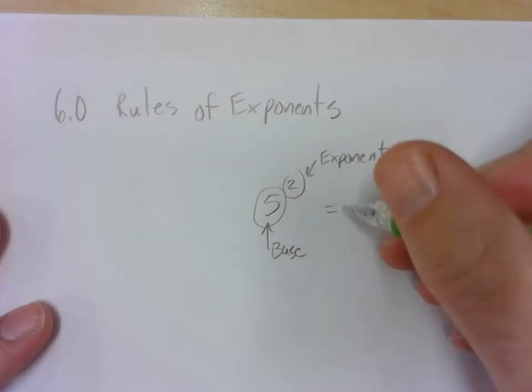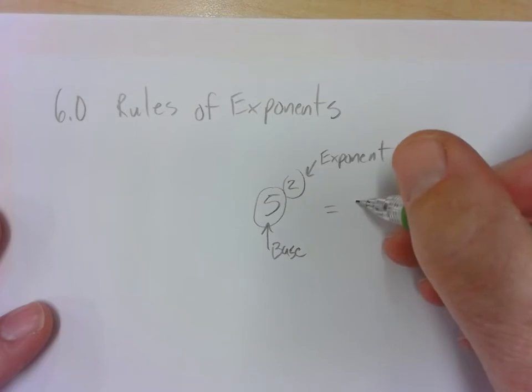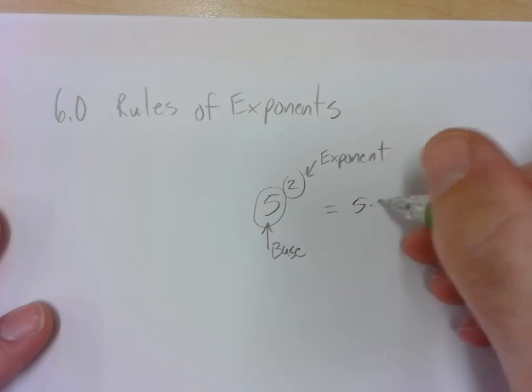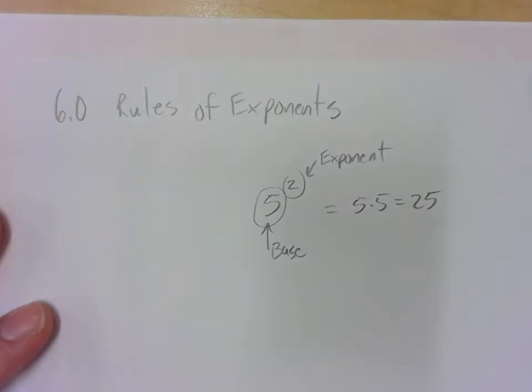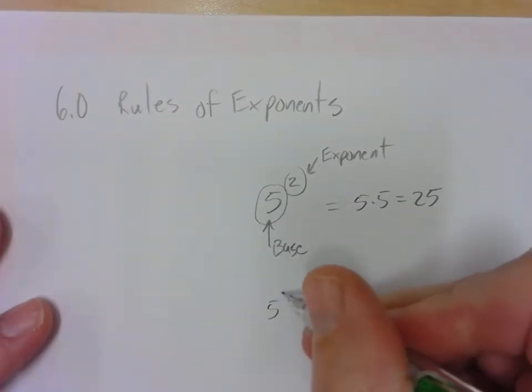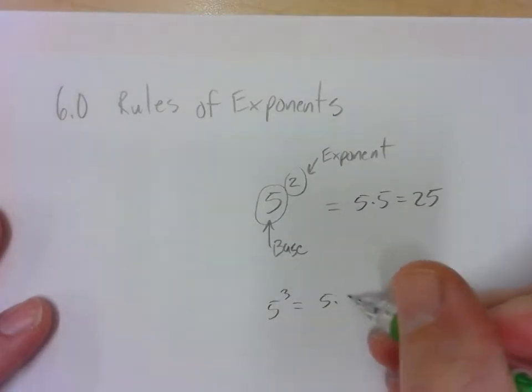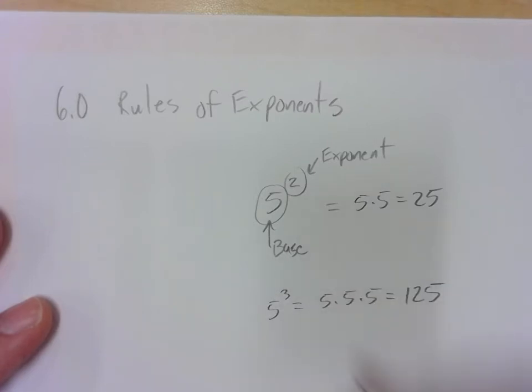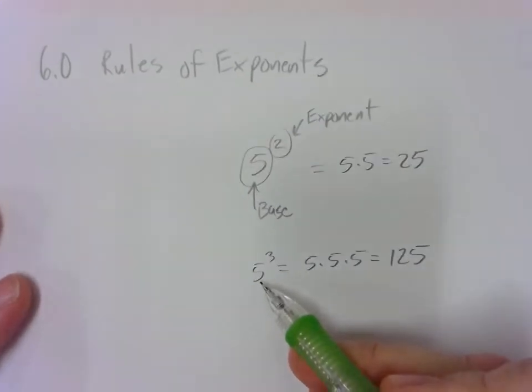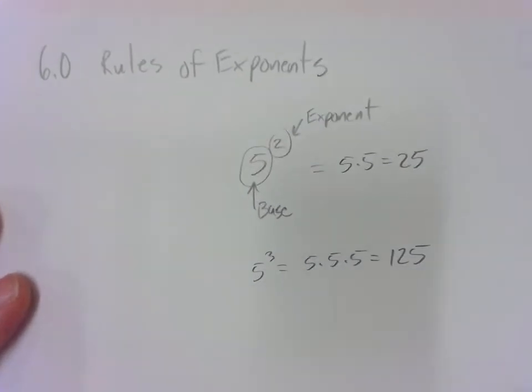So we have 5 squared, it'd be 5 times 5, which is 25. Sometimes people get tripped up and think that's 10. If you have 5 to the third power, it means 5 times 5 times 5, which is 125. So the base is the big number and the little number is the exponent.